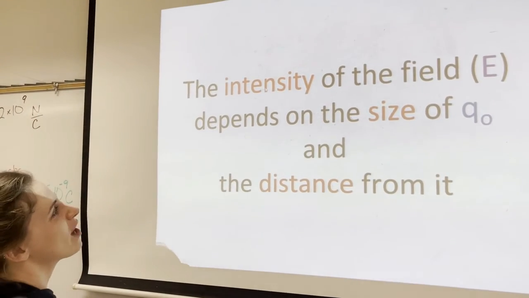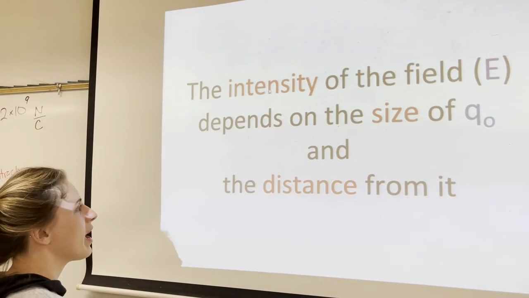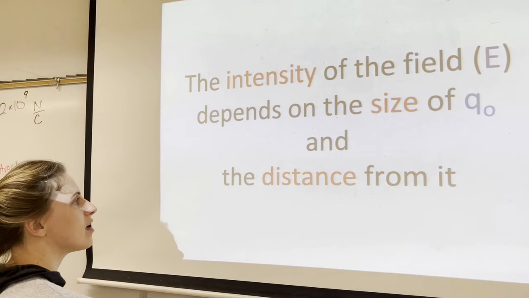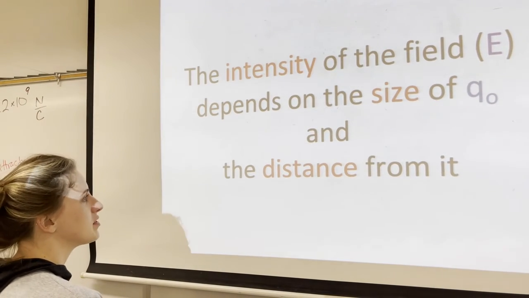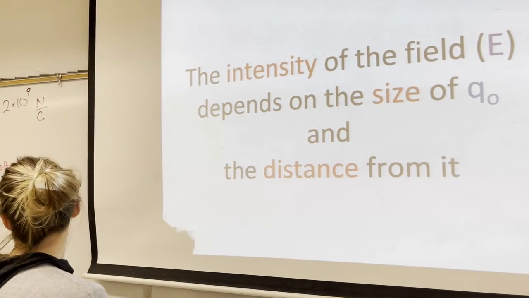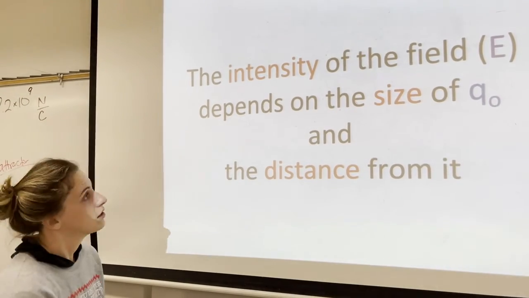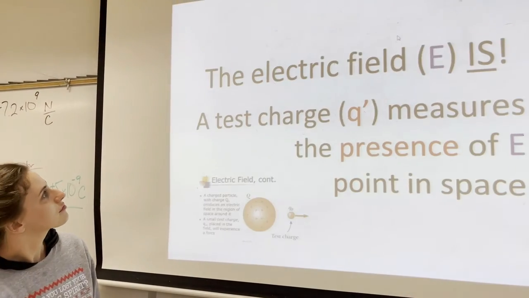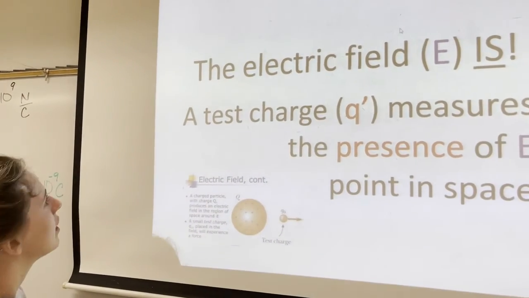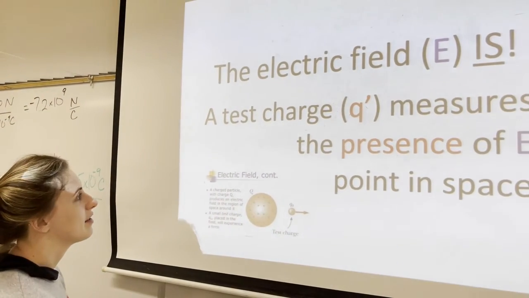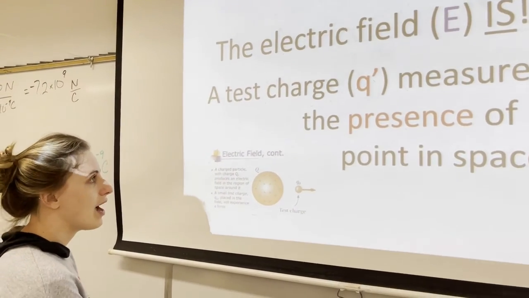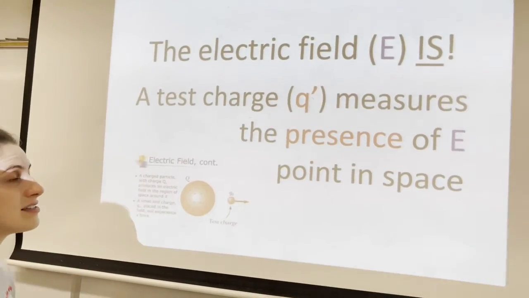The intensity of the field depends on the size of the original charge and the distance from it. It's a simple thing. The electric field just is. It exists, and whether or not the test charge is nearby or exists at all, it's still there.